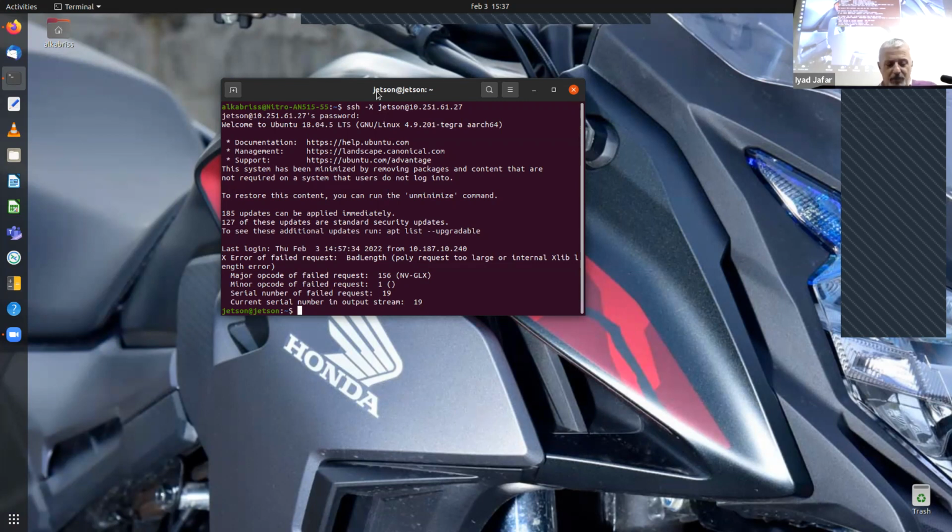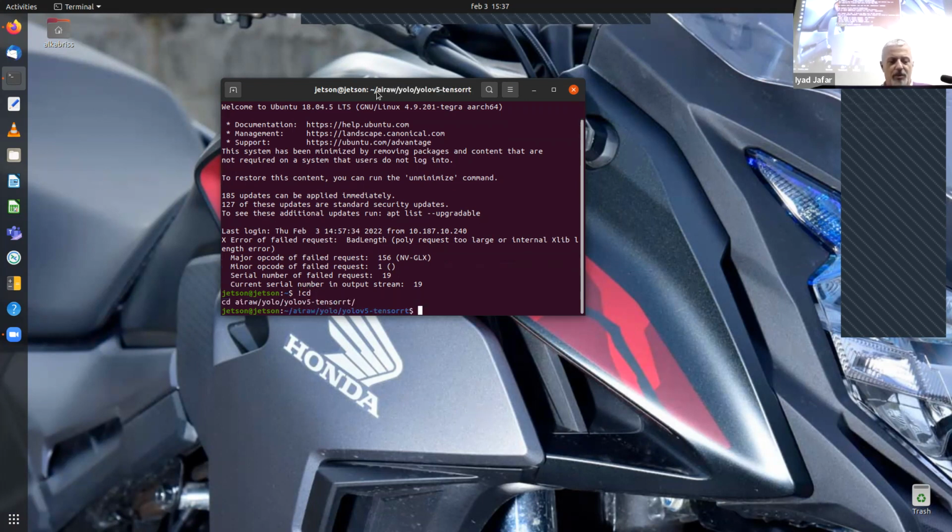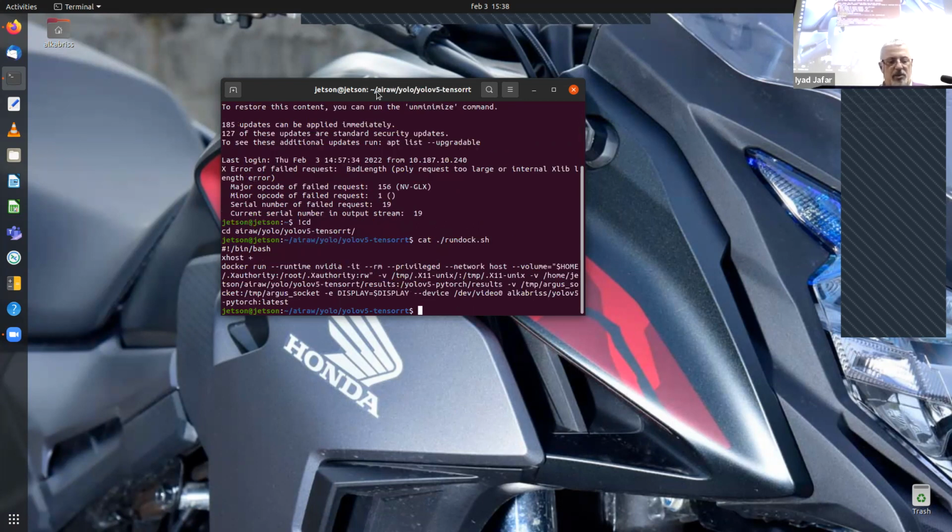So first of all, I'm running the Docker container. The Docker container is run by a complex command. So let me change the folder. This is the folder, and the command cat ./run-docker. You see, this is a very long command.